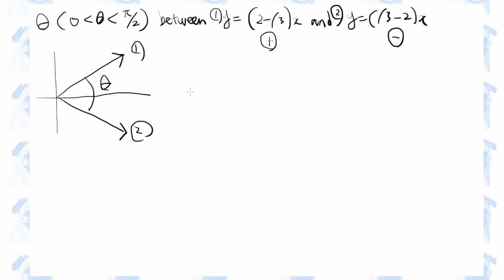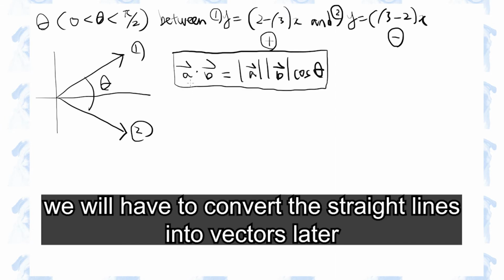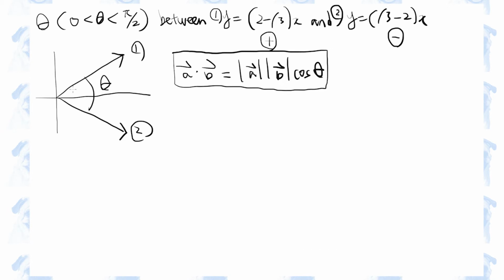And we can use the following formula to find the angle theta. The formula says the dot product of vector A and vector B is equal to the magnitude of vector A times the magnitude of vector B times cosine theta, where theta is the angle between the two vectors. So let's express these two straight lines as vectors.